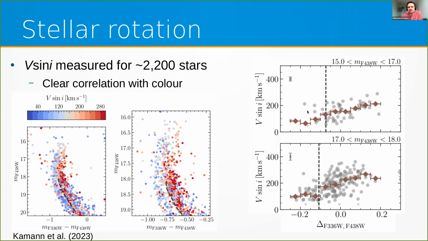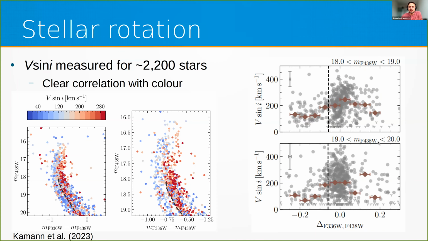And we see that for the brightest magnitude bin, there seems to be a more continuous transition. But then if we go down in magnitude, it becomes more and more obvious that at basically the color where the two main sequences would be split, there's a jump in V sin i to higher values, which you can already see here, at magnitudes between 17 and 18 in B. If you go even further down, you can again see this jump that seems to be happening if you move to redder colors.